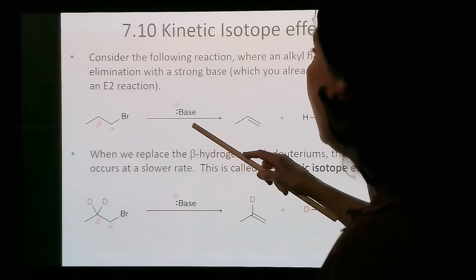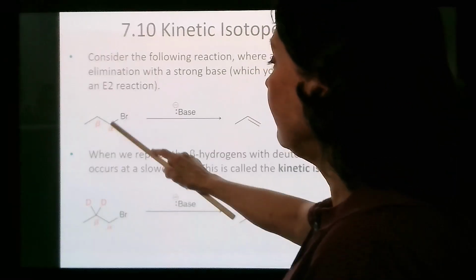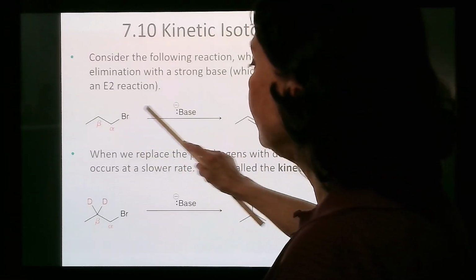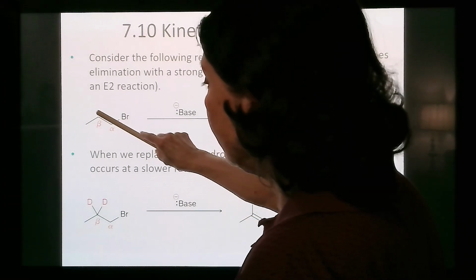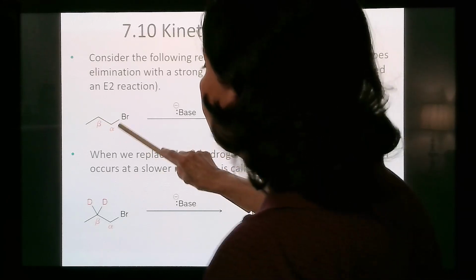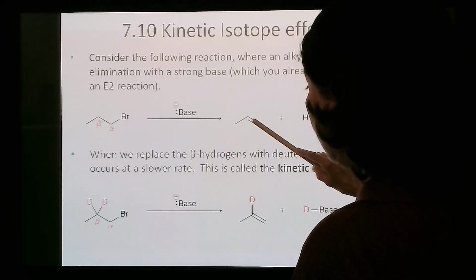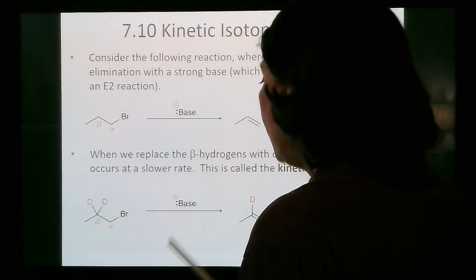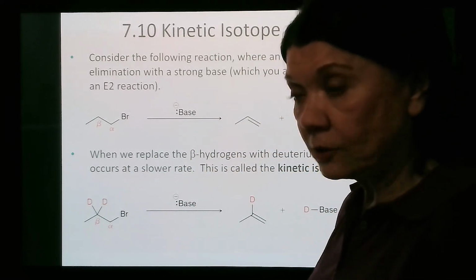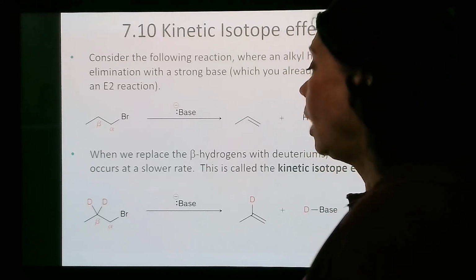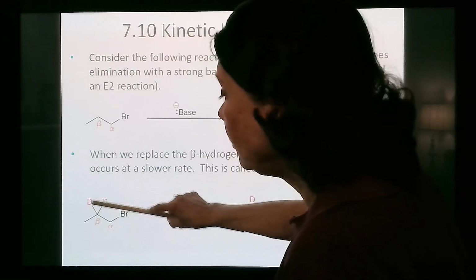So here we have, for an isotope effect study, you can look at this. Here we have a base coming in. It will abstract a proton. We say that it abstracts a proton from the beta position and forms an alkene. Okay? And so now to run an isotope effect study, we would synthesize this molecule and replace the two hydrogens here with deuterium.